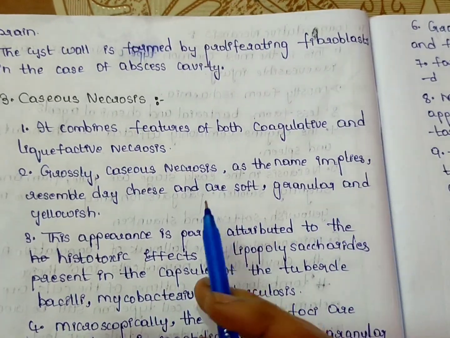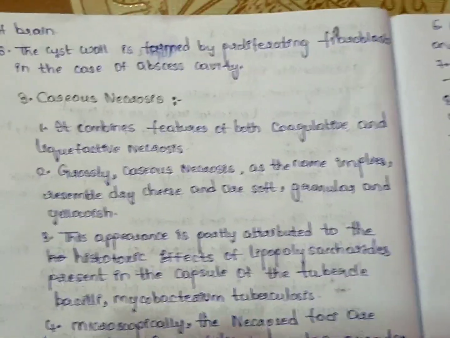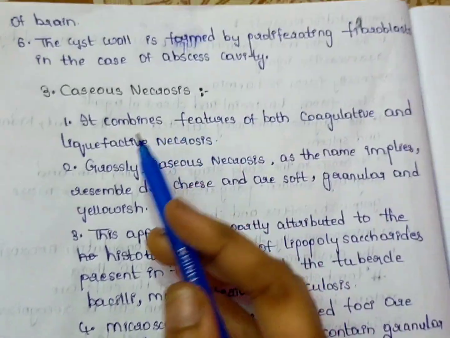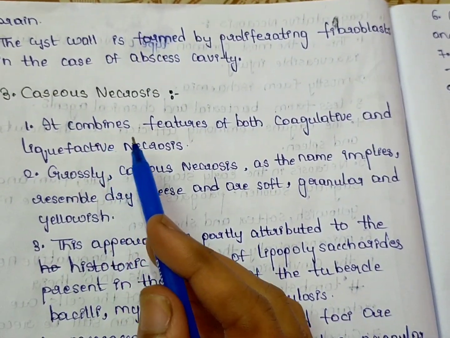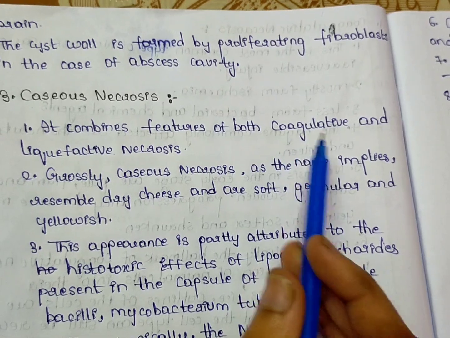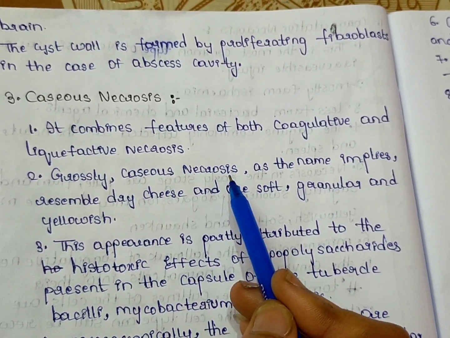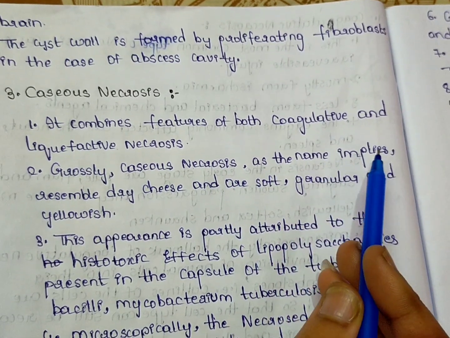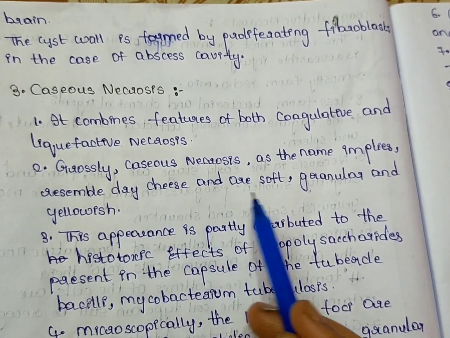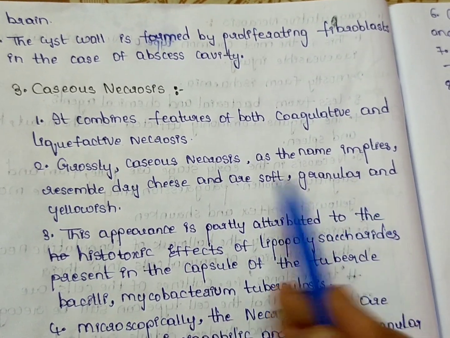Caseous necrosis. It combines features of both coagulative and liquefactive necrosis. Grossly, caseous necrosis, as the name implies, resembles dried cheese and is soft, granular and yellowish.